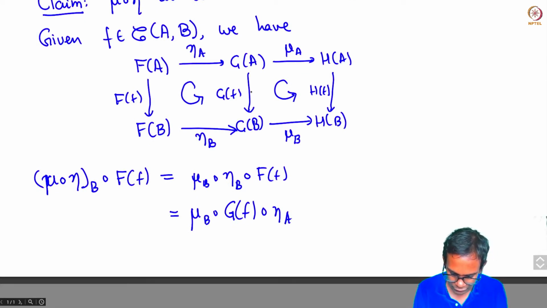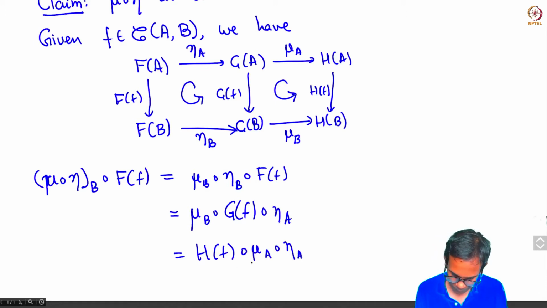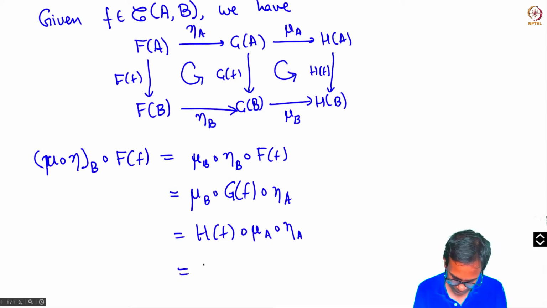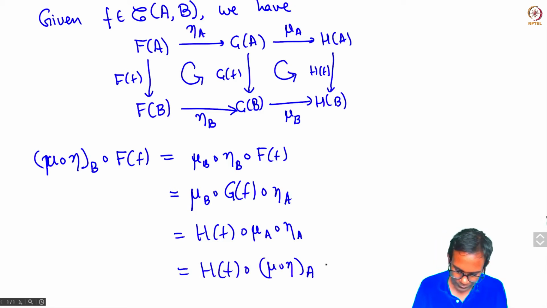So mu B circle G f is H f circle mu A. So this is H f circle mu A circle eta A. But that is the same as H f circle mu circle eta of A. And this establishes that mu circle eta is in fact a natural transformation.